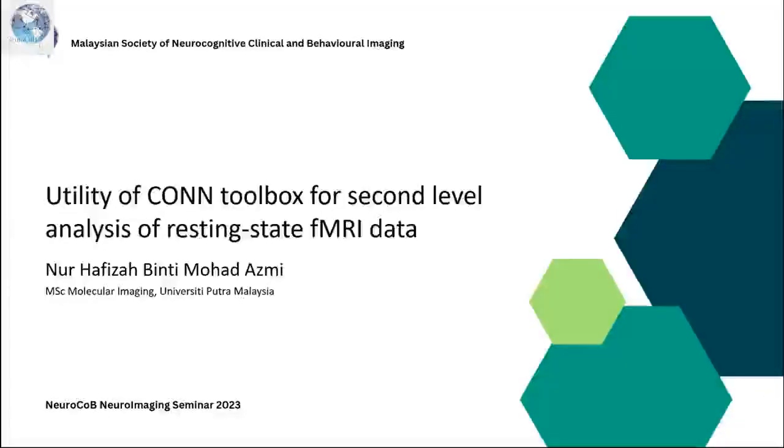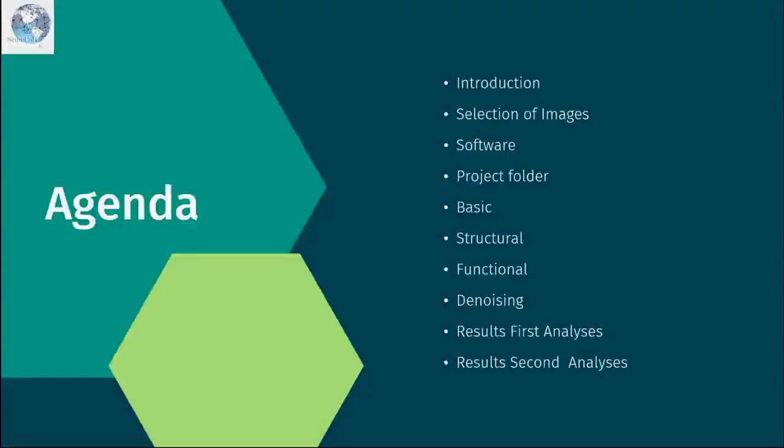This Conn-Toolbox is specific for functional MRI, and it is open based. Open based means that it's free, but in order for you to run it, you must follow step by step. This is the step I have done for you, so that you can manage to do it yourself after this. But today in the workshop we cannot teach you how to do this here because we have another agenda.